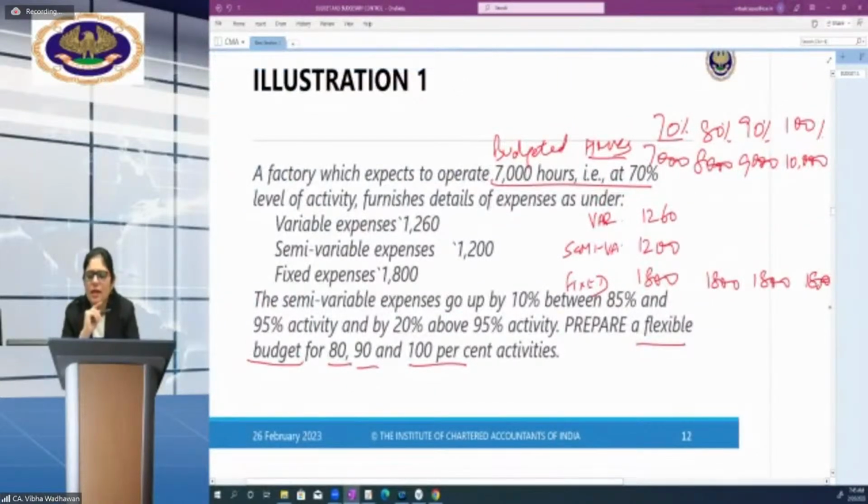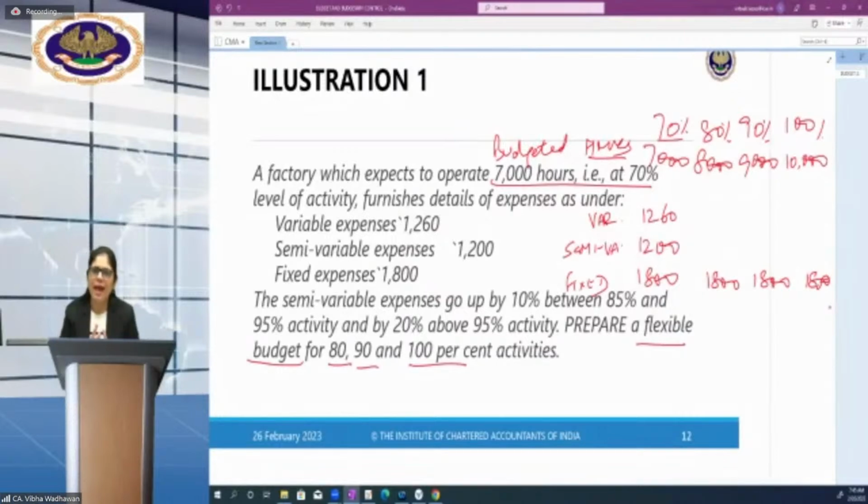Now coming to variable and semi-variable. Let us first do the variable. 1260 variable cost. Whenever you calculate variable cost, remember you should calculate per unit. Whenever you have to apply variable cost, it should always be calculated per unit.